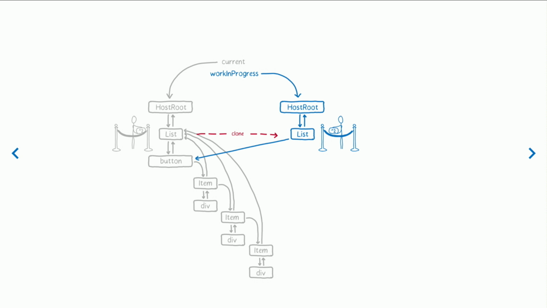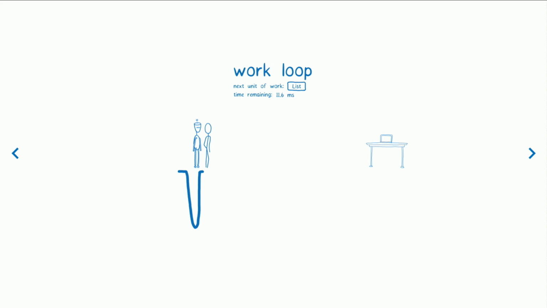And since the list had an update queue, it clones that update queue too. So the list fiber is going to be returned as the next unit of work. And React comes back up to check whether or not its deadline has expired. Because we still have some time, React will go back down and start processing the list.